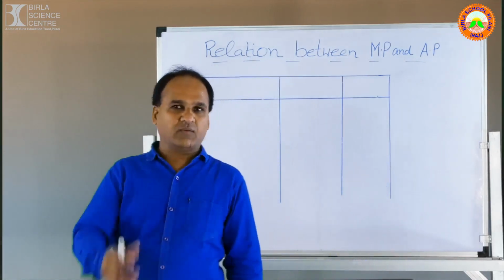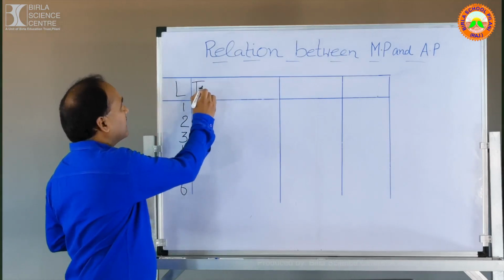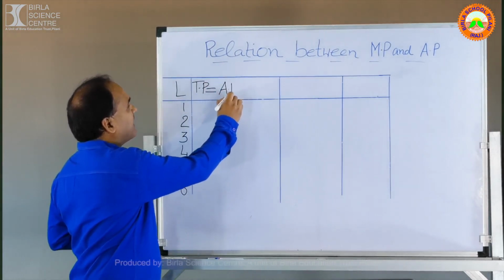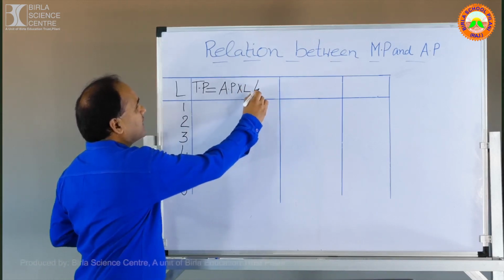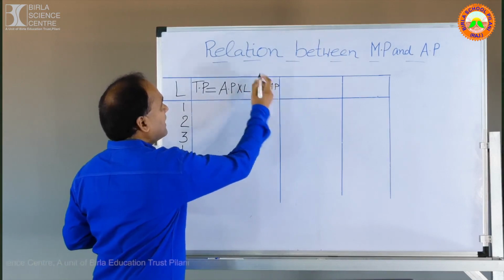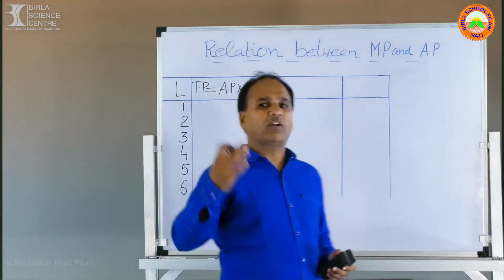Second column. In the second column you have to write TP, that's called total product, equals AP multiplied by L, oblique summation of MP. Now you will have a doubt: sir, I have written 2 formulas, how and in what manner are we going to use them?